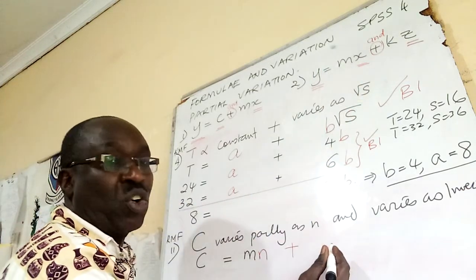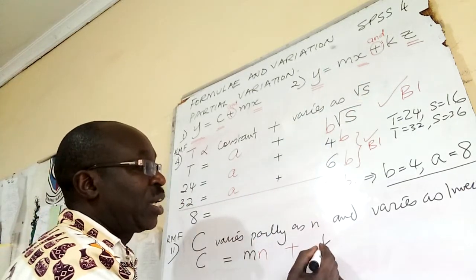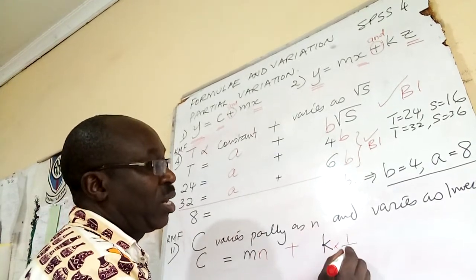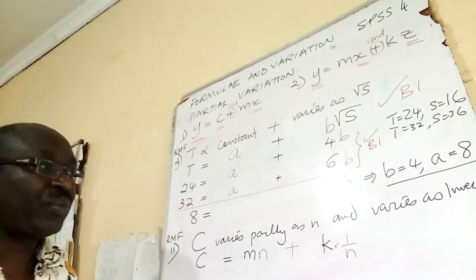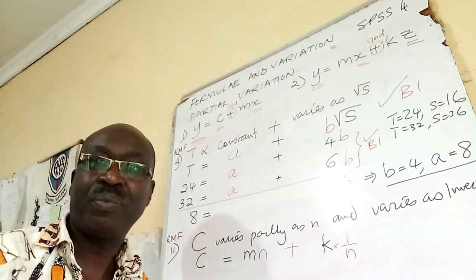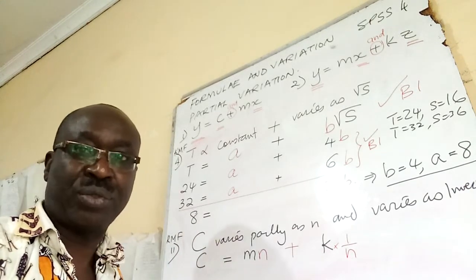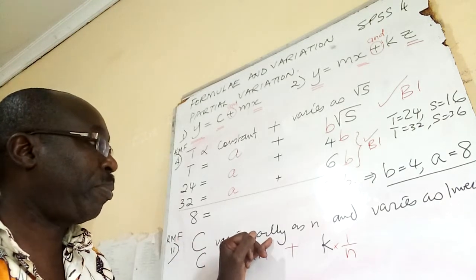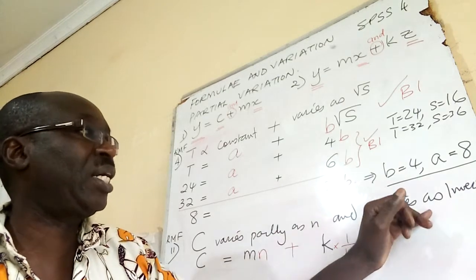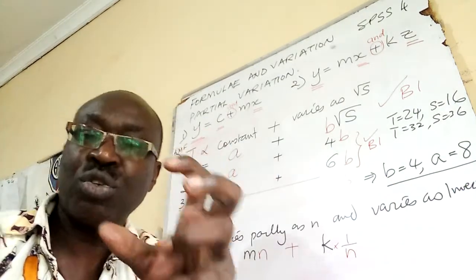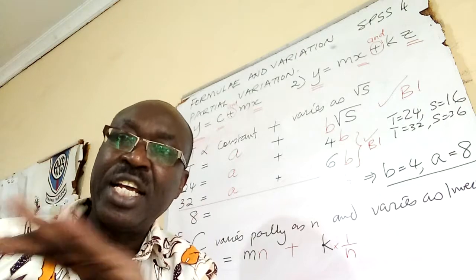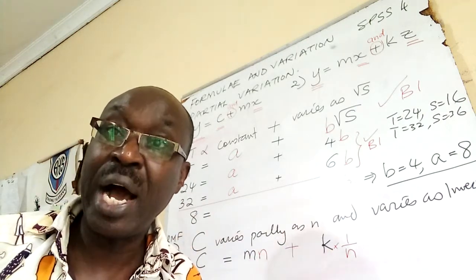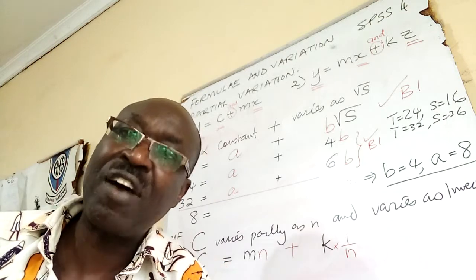So the other constant I'm introducing now is k. Inverse is 1 over n. So that is the equation. C varies partly as n and partly as inverse of n. So the key thing is there is no word constant. So any letter mentioned here must have a constant.